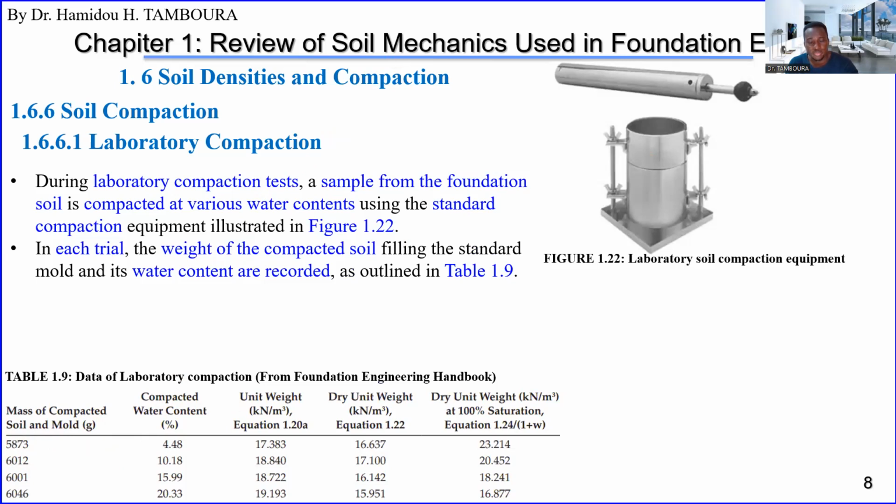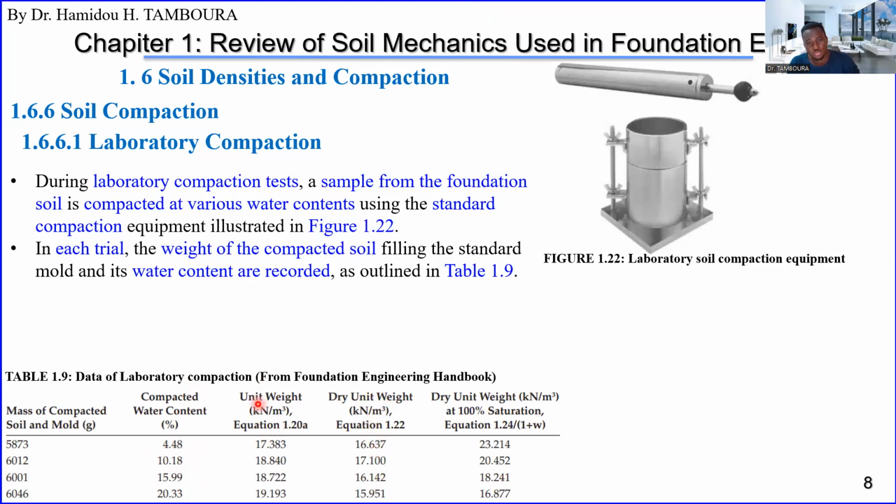And the compacted water content. So for each test, the water content, 4.48%, increasing like this. And the unit weight, this is the bulk unit weight, the total unit weight, or if you want, the wet unit weight. After that, you have here the dry unit weight.